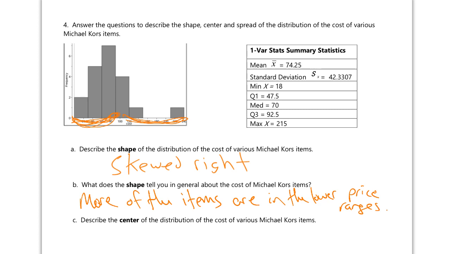Describe the center. Well, we talked about if it's a skewed data set, we want to use the median to describe the center because the mean is impacted too much by outliers. And so we would say the median price is, and then you look up here, $70.